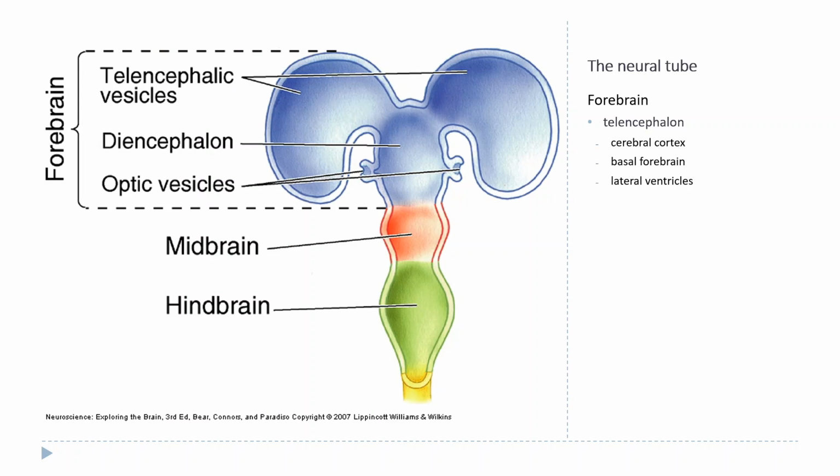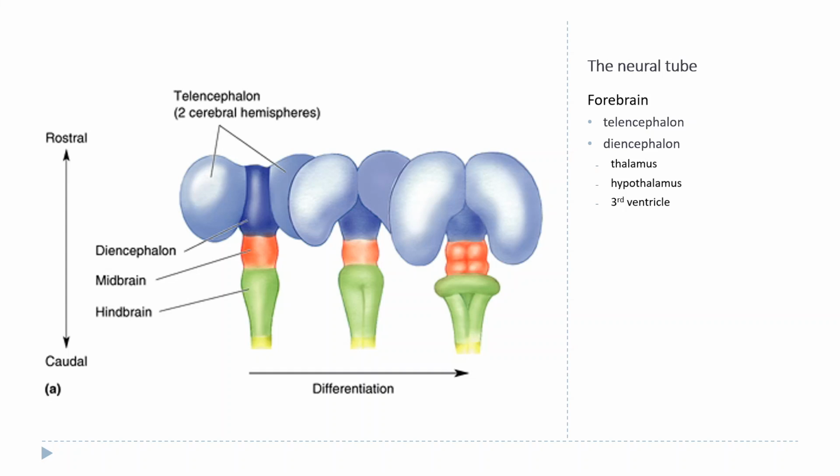The other thing that forms inside the telencephalon are the lateral ventricles. In fact, as the neural tube expands outward, the empty space that's inside the telencephalon, or what we call the telencephalic vesicles, just grow into the lateral ventricles. Meanwhile, the part in between the two telencephalic vesicles, or in between the cerebral hemispheres, we call the diencephalon.